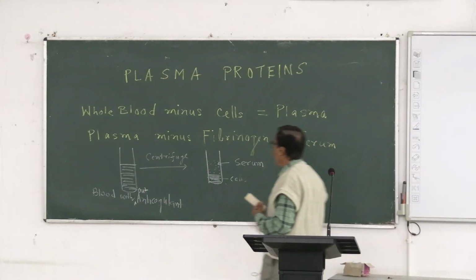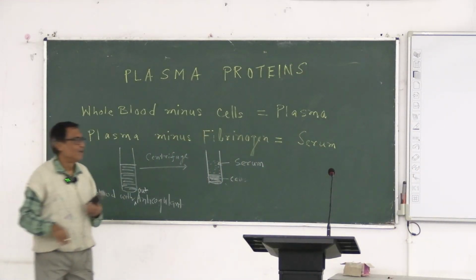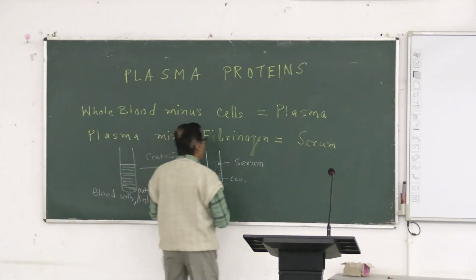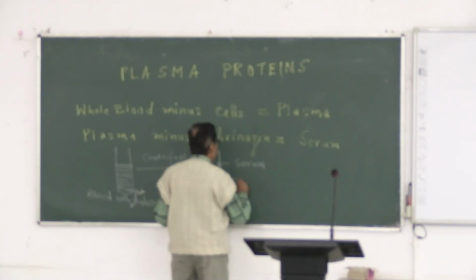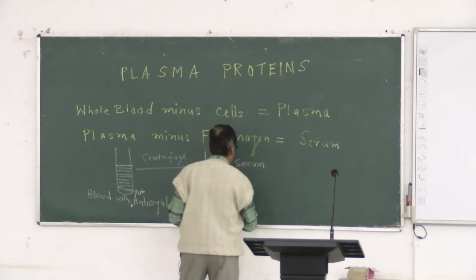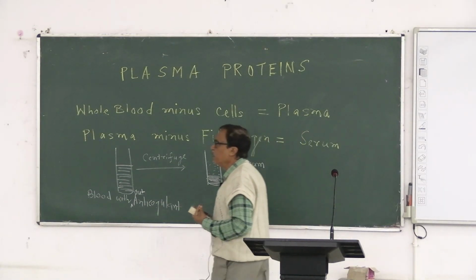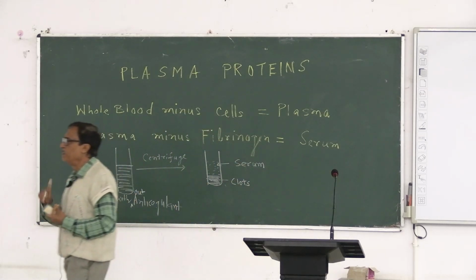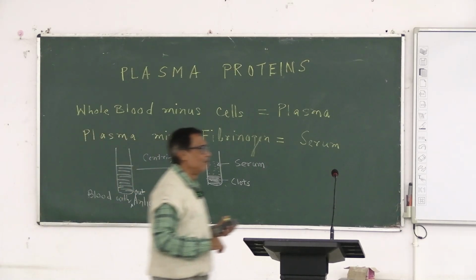Fibrinogen is utilized here for clot formation. Here there is a clot containing cells. Clots contain fibrinogen along with cells, and the supernatant portion is crystal clear, watery in color.